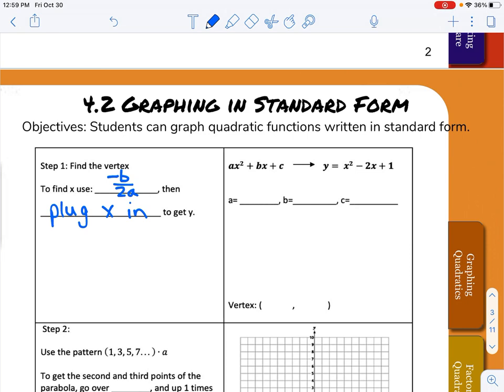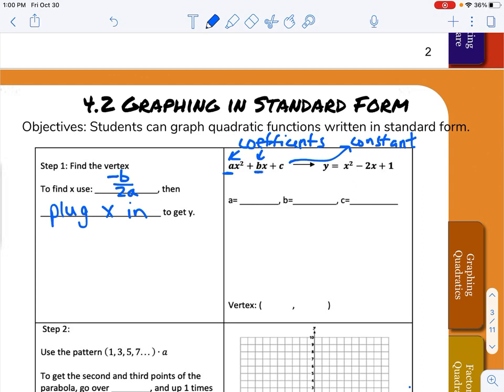We need to first figure out what a, b, and c equals. A and b are coefficients. These are numbers in front of our variables, and c is a constant. The coefficient a is always in front of our x squared term.